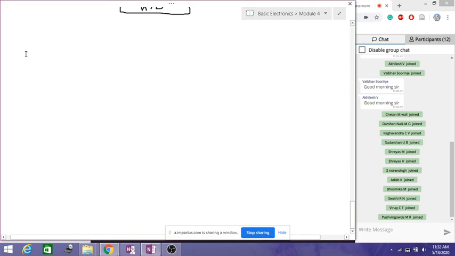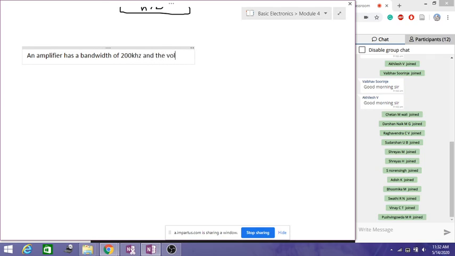So if you look into the example here, it is given an amplifier has a bandwidth of 200 kilohertz and the voltage gain of 1000.